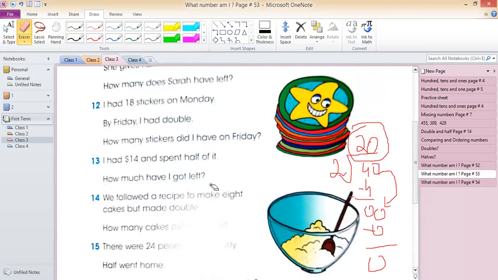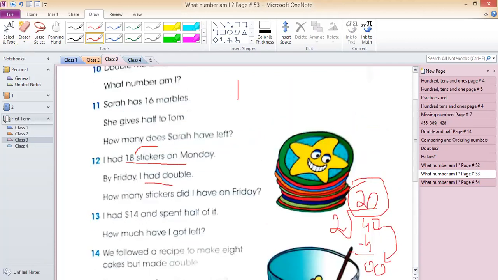All right, guys. Question number 12 was: I had 18 stickers on Monday and by Friday I had double. How many stickers did I have on Friday? This is very easy. I had 18 stickers on Monday, then by Friday I got double. So find the double of 18.